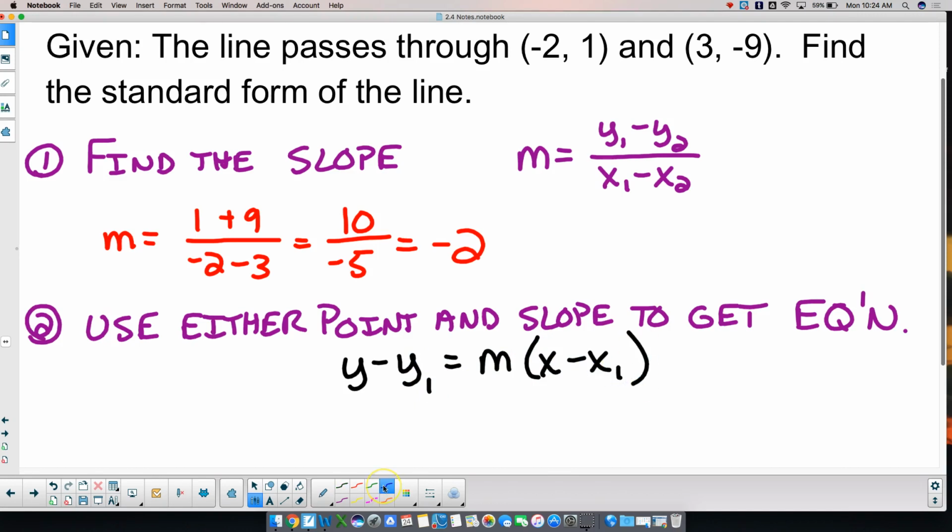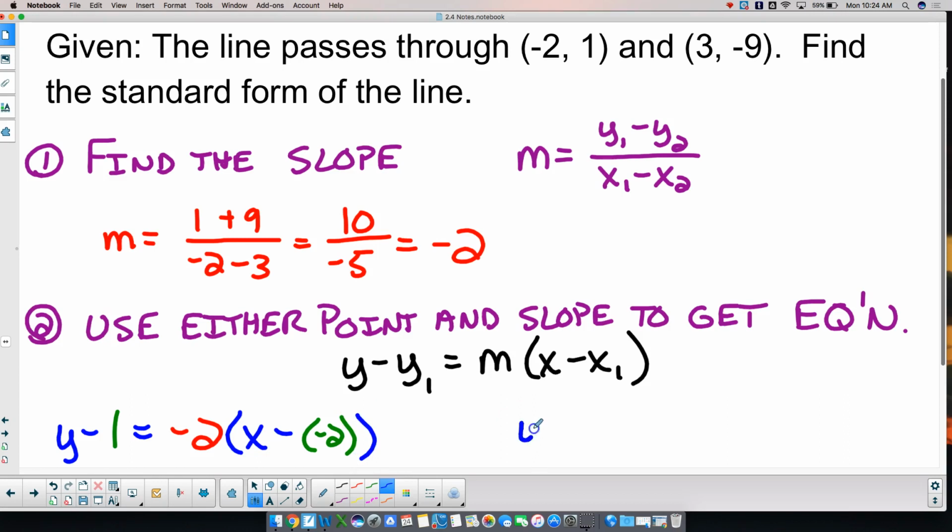So in my first one, it would be y minus positive 1 is equal to negative 2 times the quantity x minus negative 2. So that's using negative 2 comma 1.